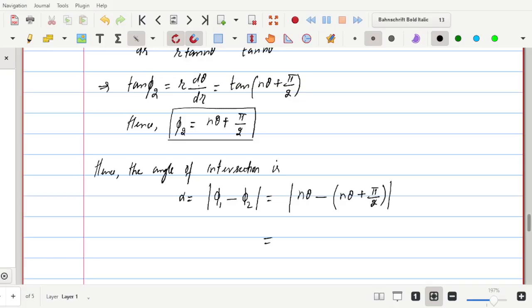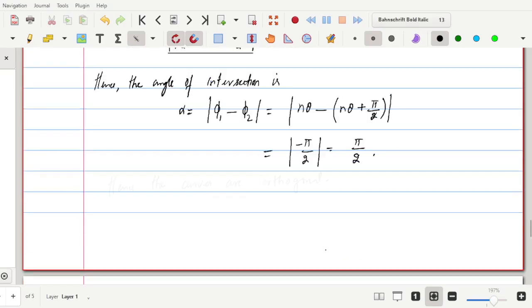Simplifying this, we get minus pi by 2 in the modulus, which is equal to pi by 2. So the angles between the radius vector and the tangent vector of the two curves were n theta and n theta plus pi by 2, which differed by a constant pi by 2 only. So the angle of intersection phi 1 minus phi 2 is equal to pi by 2. So the angle of intersection between the two curves is pi by 2, hence the curves are orthogonal.